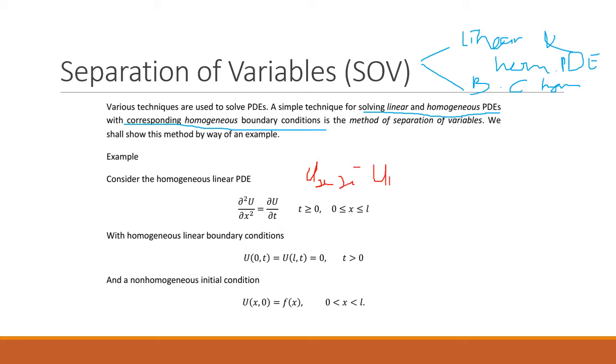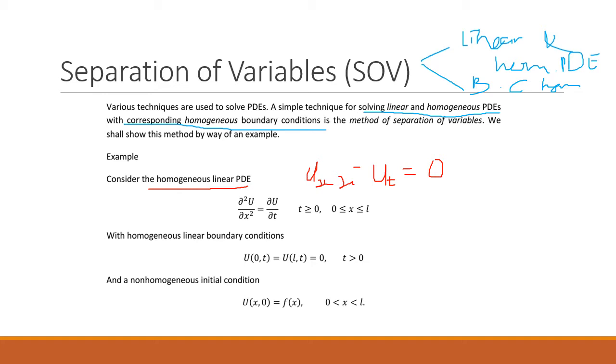Kalau kita tulis balik, awak akan dapat, saya tulis dalam bentuk yang ni lah, sama je, del u sx minus ut equal to 0. So dekat sini kita boleh tengok dependent variable dia, derivative of dependent variable dia equal to 0. U dekat sini adalah dia punya dependent variable.